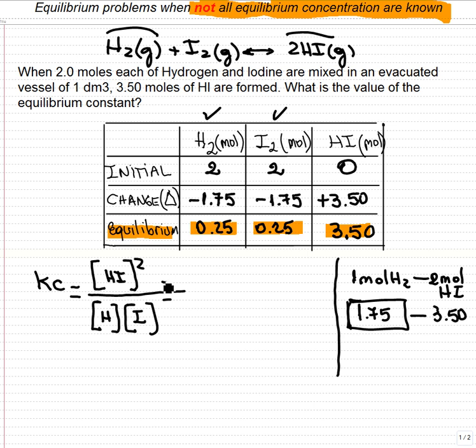So in this case will be, we don't need the brackets again. We're going to put the decimal line and 3.50 squared divided by 0.25 times 0.25.